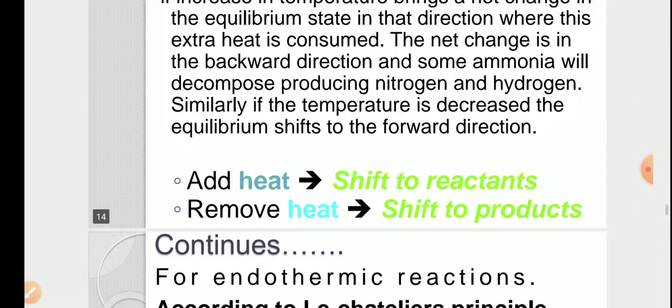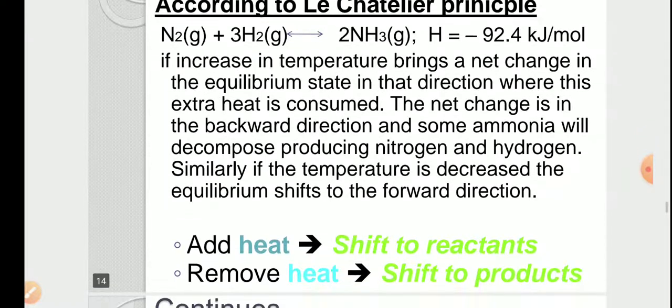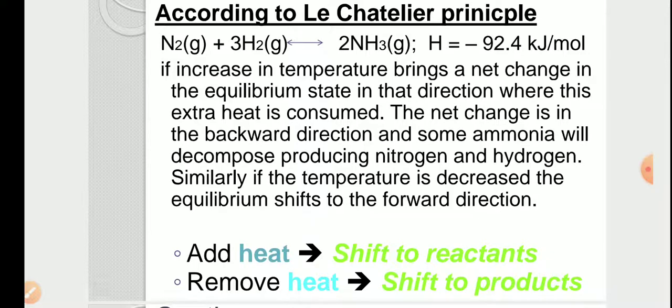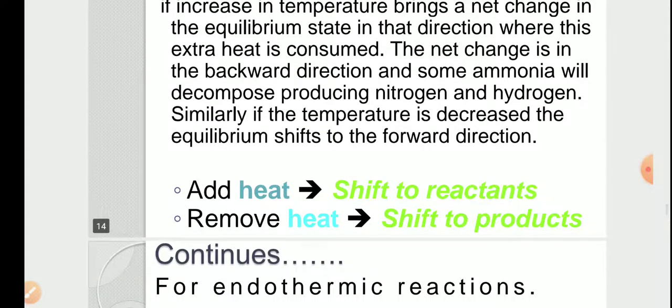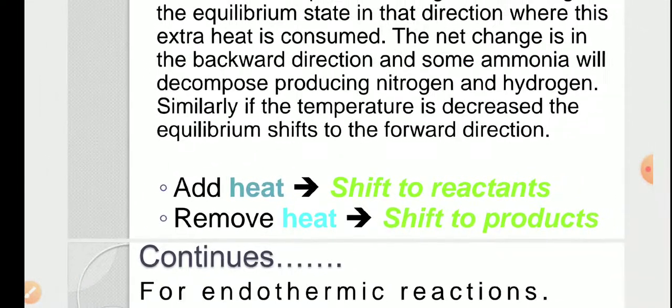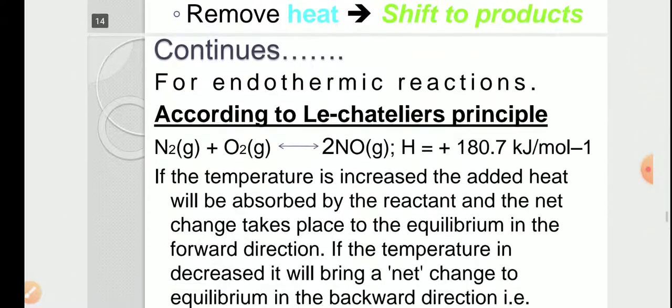The formation of ammonia is an exothermic reaction, because ΔH is negative, meaning it will produce heat. So addition of heat shifts the reaction toward the reactants, so it will be the backward reaction, and removing heat shifts it toward the product.